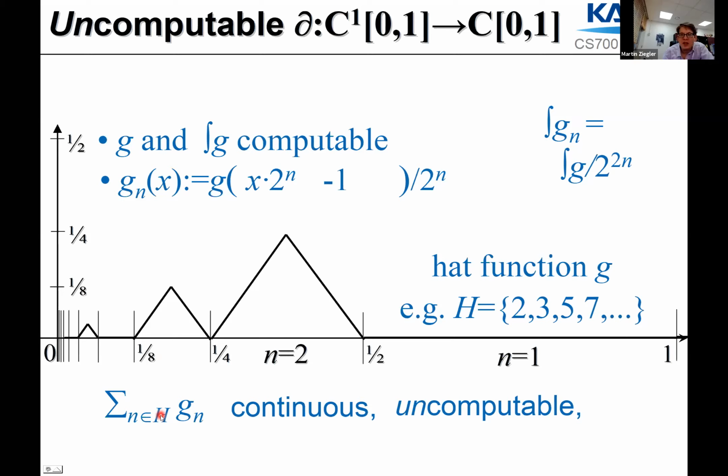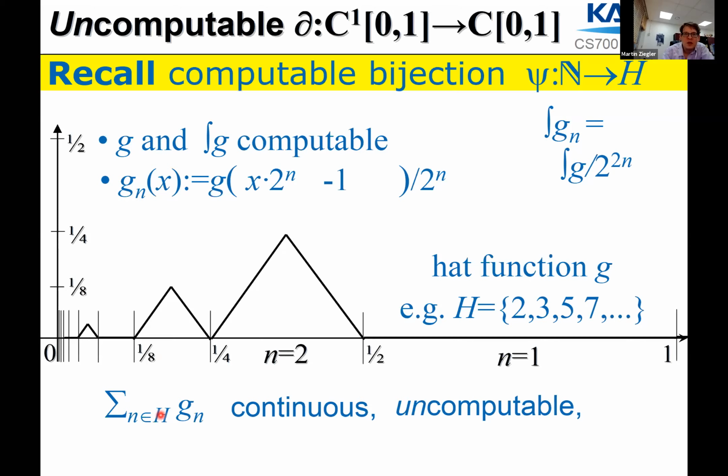But then recall that the halting problem is semi-decidable, and one of the equivalent notions of semi-decidable means that it is enumerable. So that means there exists a computable bijection, let's call this psi, from the natural numbers onto the halting problem H, right? We talked about this when we talked about discrete computability.